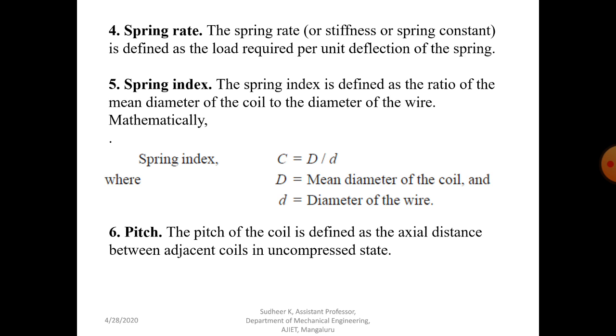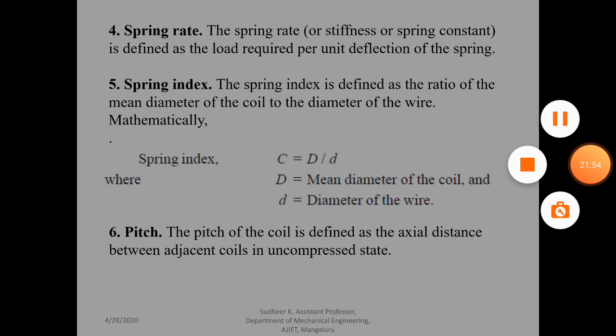That is best from the manufacturing consideration. So in practical application, the spring index usually varies from 4 to 12. You have to note that down. So the best range is 4 to 12. That is about spring index.